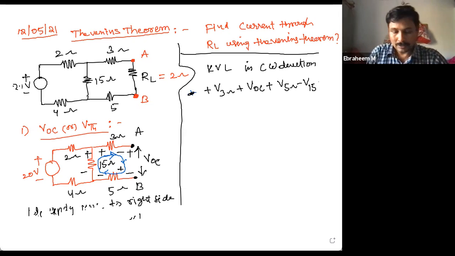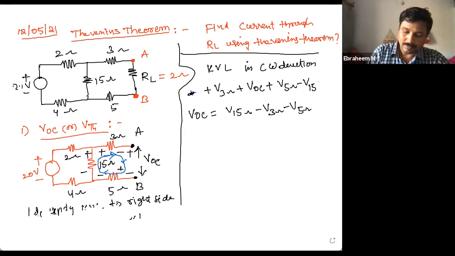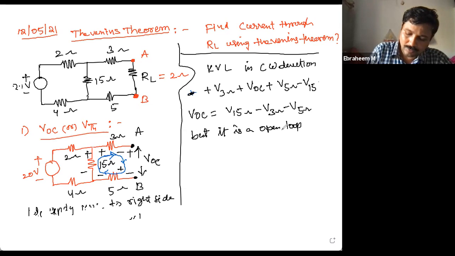Is it clear? So VOC is equal to V15 ohms minus V3 ohms minus V5 ohms, right? But it is an open loop, right? It's not a closed loop.